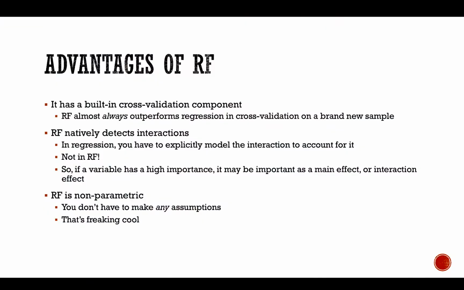And if you don't explicitly specify it and it is there, then you're going to have a messed up model because it's not accounting for that interaction. And so it requires a lot of thought on the user, which isn't a bad thing. You know, thinking about your statistics is a good thing. But random forest does all that for you. It natively detects interaction. And so if a variable has high importance, whether it's important because of a main effect or an interaction effect, it doesn't matter. RF is going to say this variable is important.